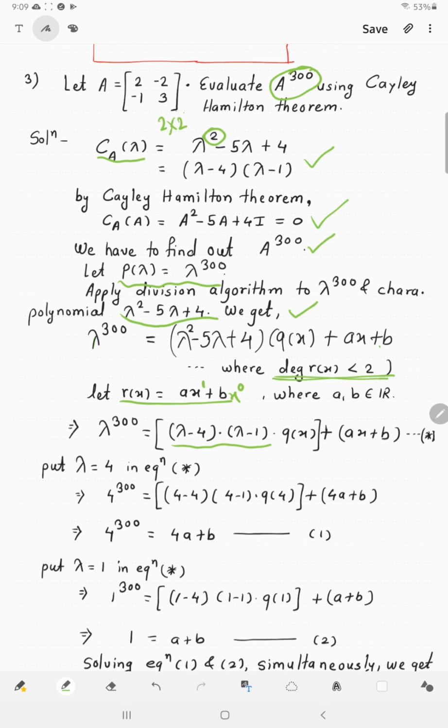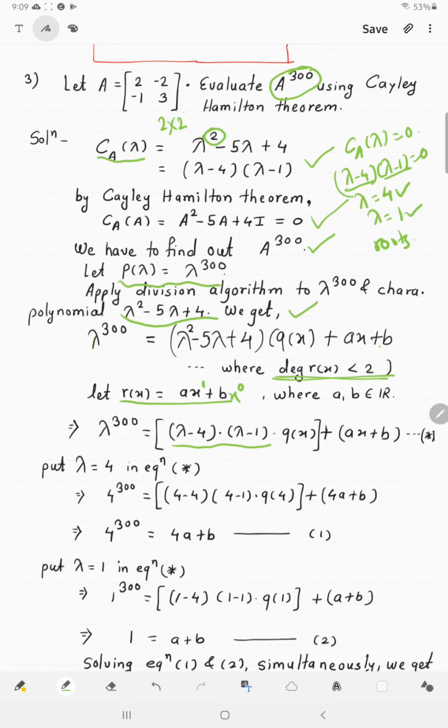Now if we equate c a of lambda equal to 0, I will get lambda minus 4 into lambda minus 1 equal to 0. So lambda minus 4 is 0, so lambda equals 4, and lambda minus 1 equal to 0 gives lambda equal to 1.